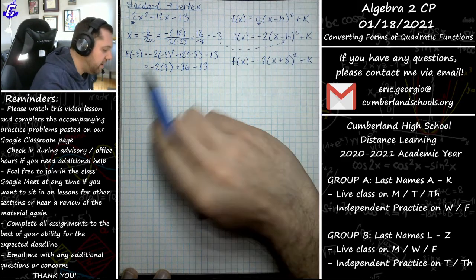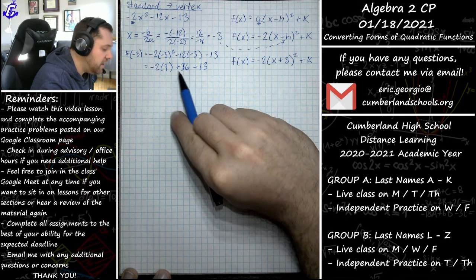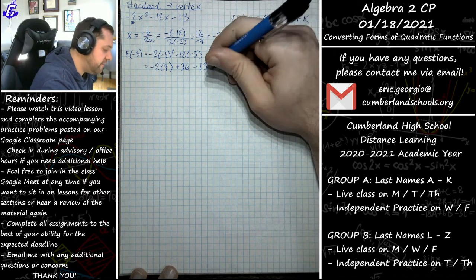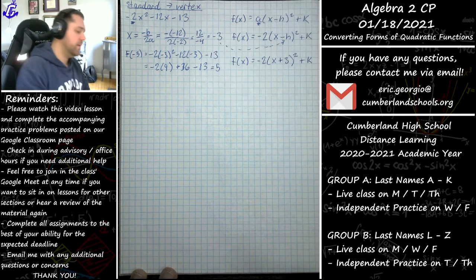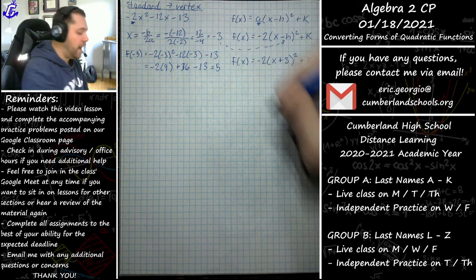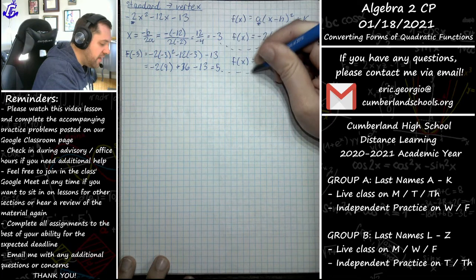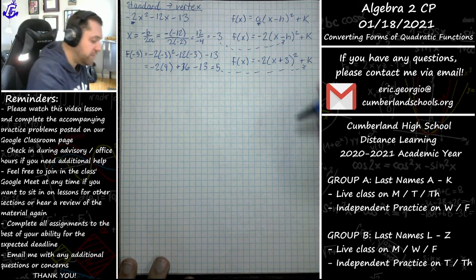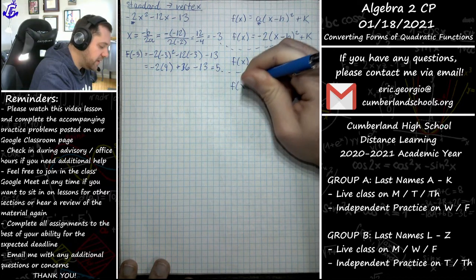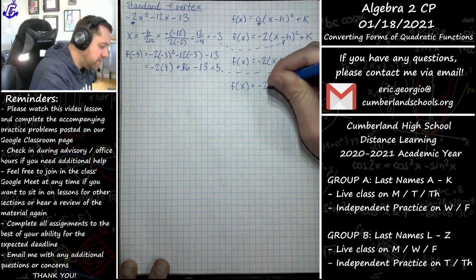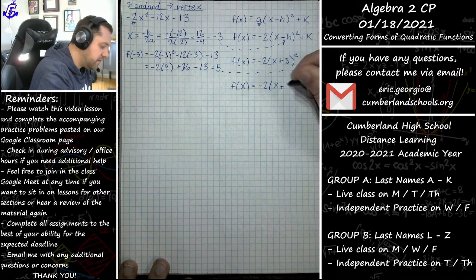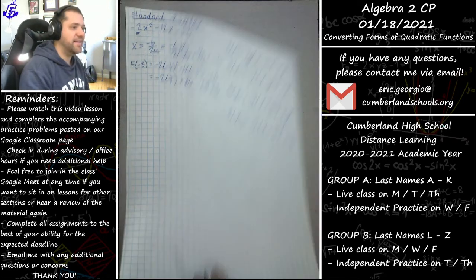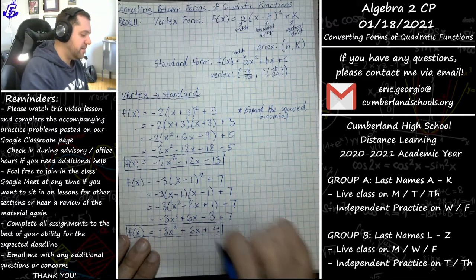This is going to be -18 plus 36 is +18, minus 13 is 5. And so since we get that our y-coordinate of the vertex is 5, that has to be our k value. That has to be our vertical shift. And we would therefore say that our function is -2 times (x plus 3) squared plus 5, which, if you notice, is exactly what it was at the start.